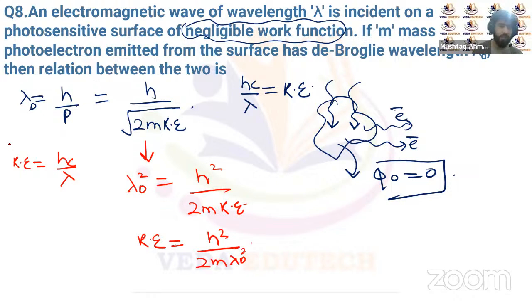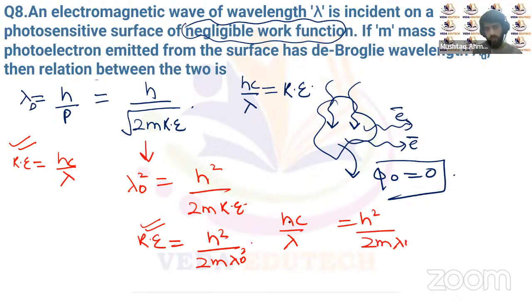I can see here that this kinetic energy and this kinetic energy are actually equal. So kinetic energy is equal to hc upon lambda, and also h square upon 2m lambda d square. So hc upon lambda will be equal to h square upon 2m lambda d square. From here, h and h will get cancelled.